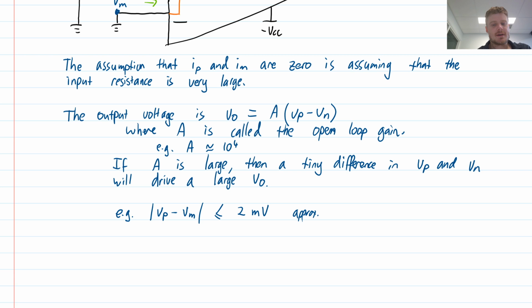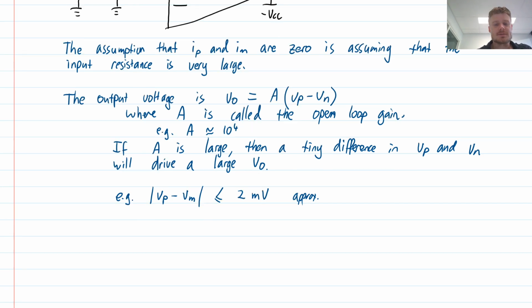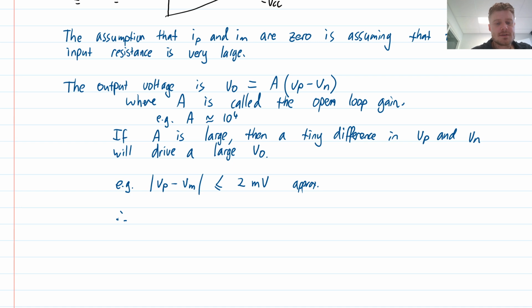That's pretty tiny in comparison with the other voltages that we would typically have in our system, or in comparison to the scale of the input voltages. As a result, our assumption about Vp being equal to Vm is a reasonable approximation.